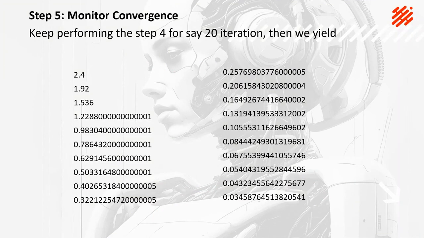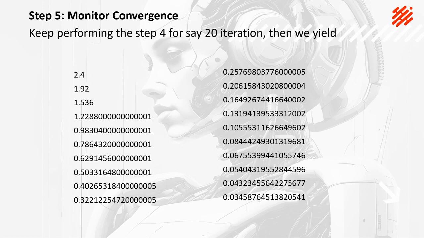Keep performing step 4 for say 20 iterations, and then we get the ω values: 2.4, 1.92, 1.536 and so on. If you notice, toward the end of the iterations, the difference in each iteration keeps decreasing. So we need to stop at a particular threshold.